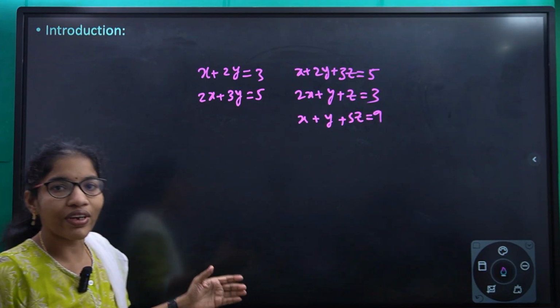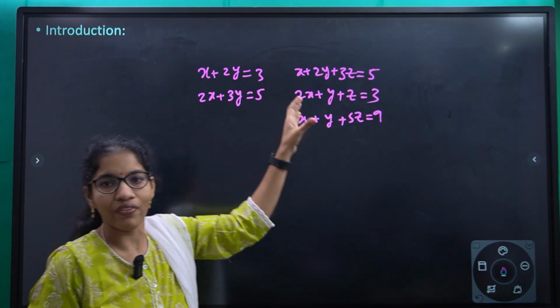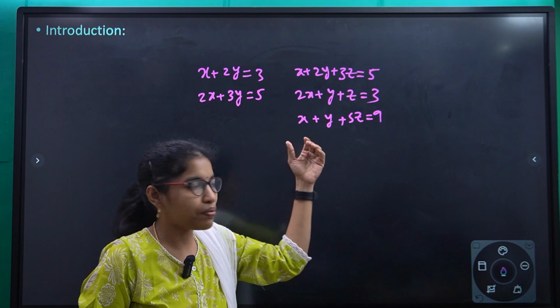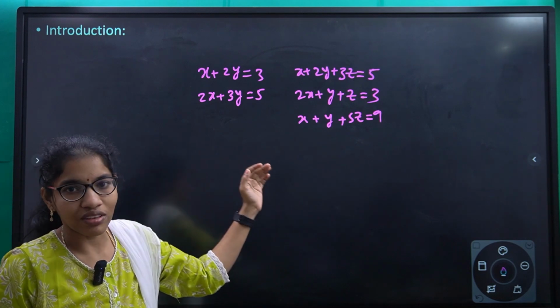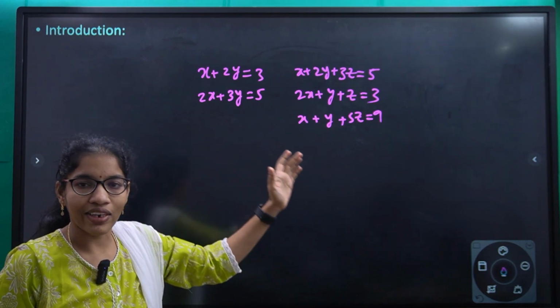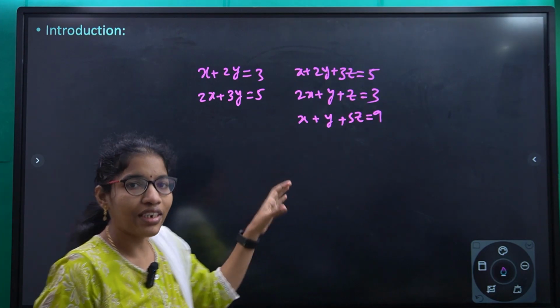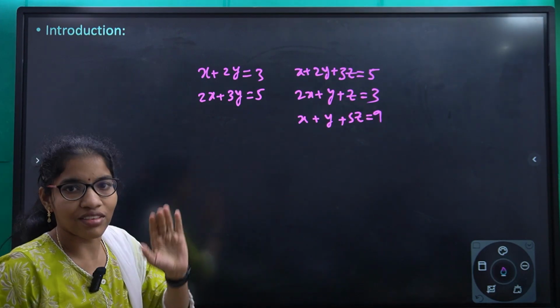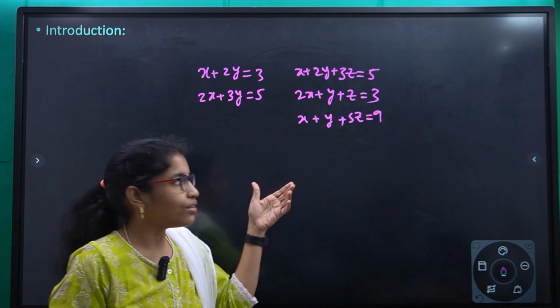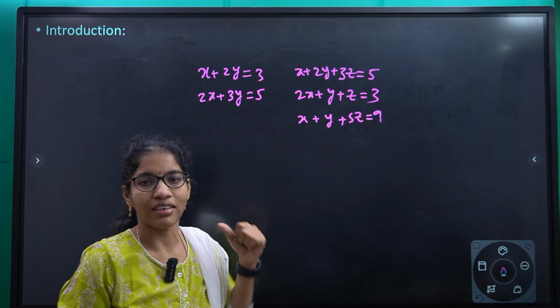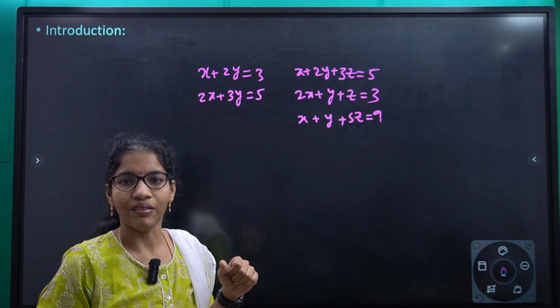But what about when the number of variables is increasing? That means we have 4 equations, 4 variables, 5 equations, 5 variables, 10 equations, 10 variables, like that. At that time, by using matrices you can find the unknown values or the solutions of the linear equations easily. Clear?